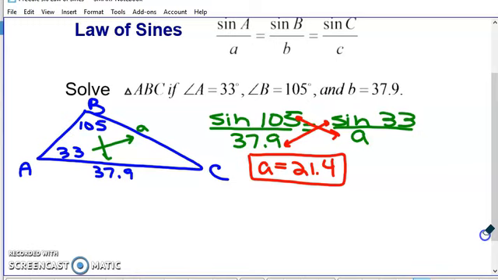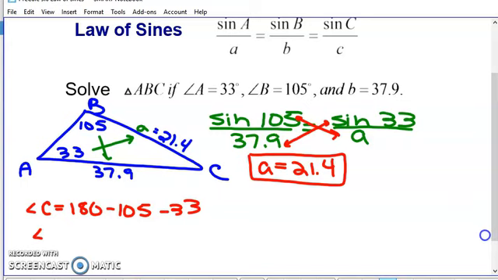So we found side A, okay? Now I need to find side C, but the problem with side C is I don't have an angle. That's pretty easy to solve because I can go 180 minus 105 minus 33, and angle C ends up being 42.